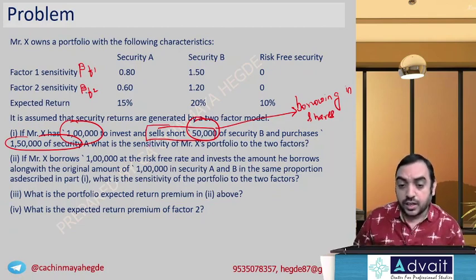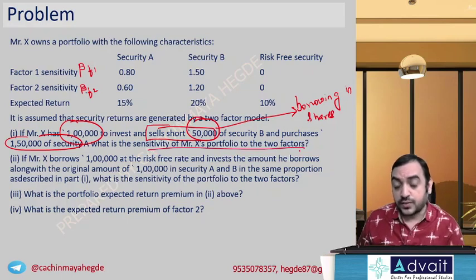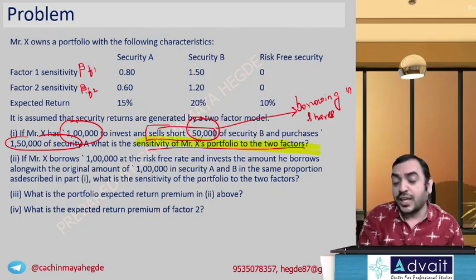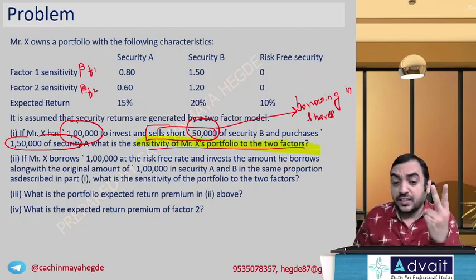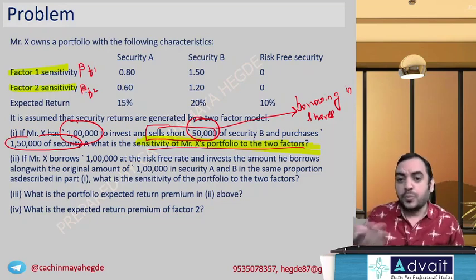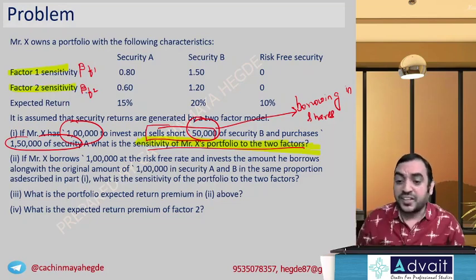First, what is the sensitivity of the portfolio to the 2 factors? Please tell me how many portfolio betas we have to calculate. We have security A, security B, and we are mixing them in a portfolio. So how many do you have to calculate for the portfolio? 2 factors, for factor 1 and for factor 2. But the process is simple. We have to multiply beta with the respective weights.